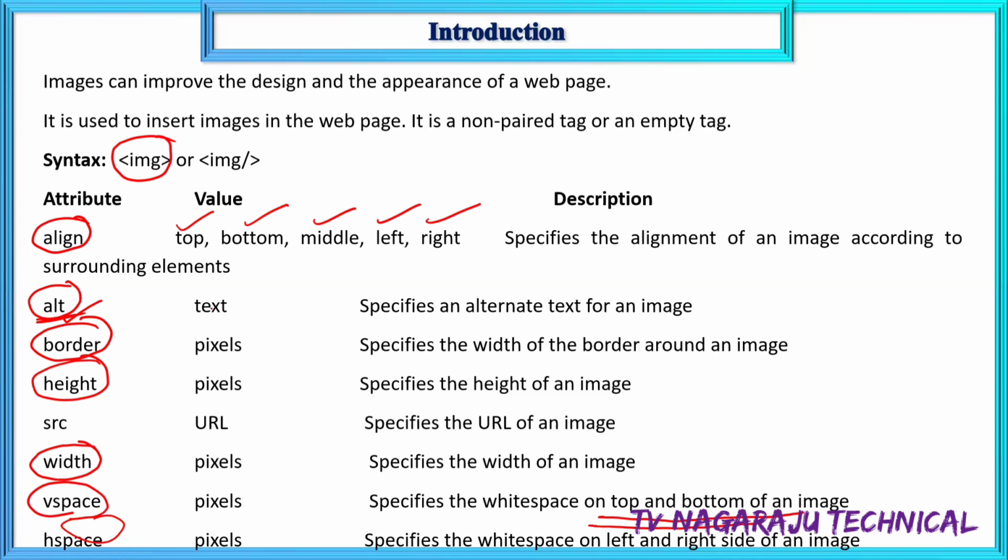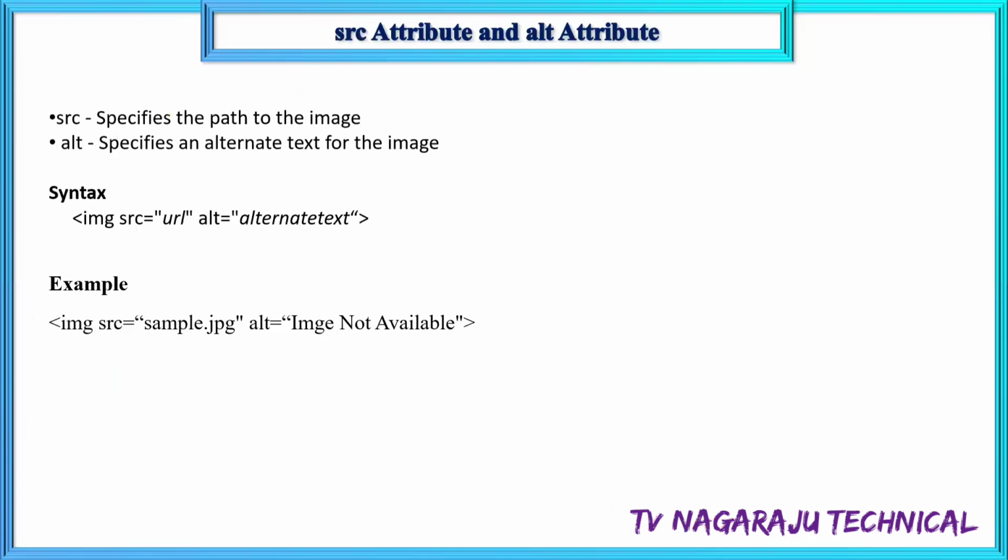Now, the most important thing is SRC, which means source. It specifies the URL of the image. URL means the path where the image is available. So, img SRC is equal to URL.